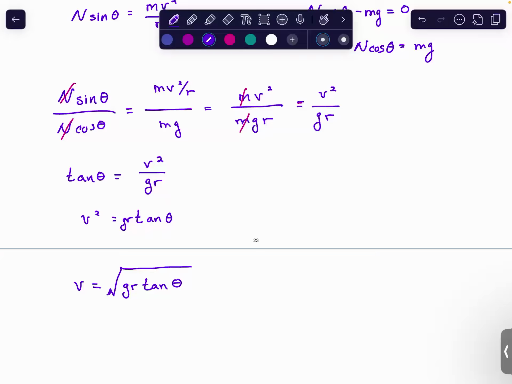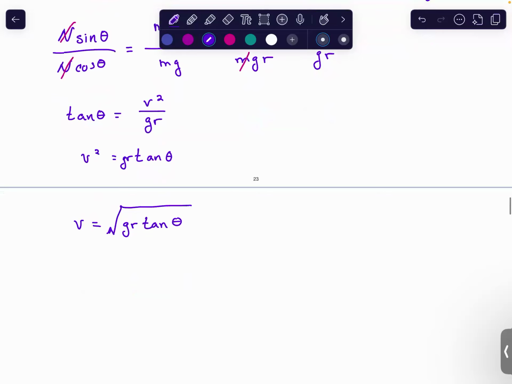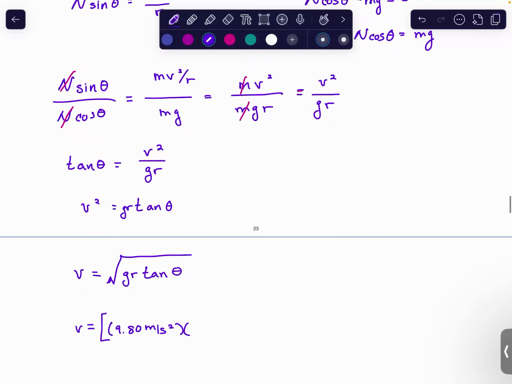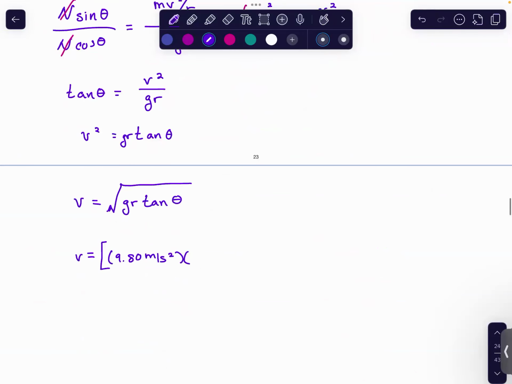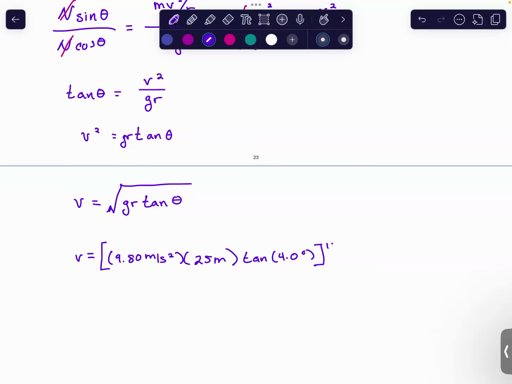And plug in numbers. What was the radius? Yep, 25 meters. And we end up with a velocity.